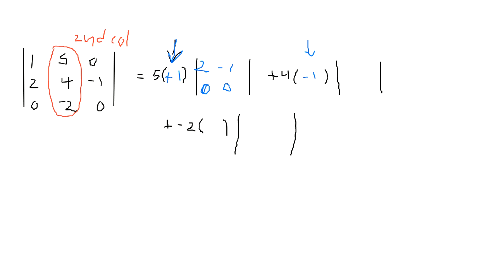Oh wait, hold on. No, wait, we're wrong. No, we have this wrong. The 5, it's going to be 5 times -1, because the 5 is in the first row, second column.